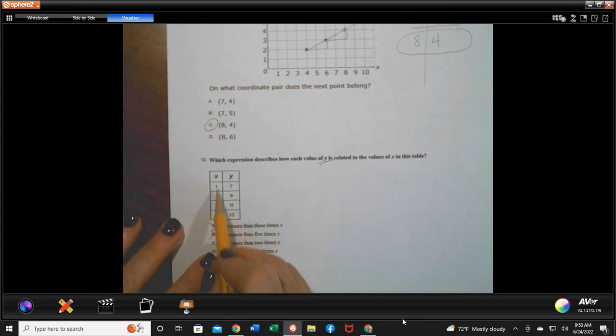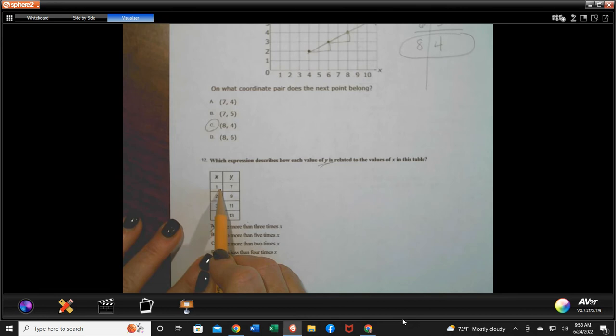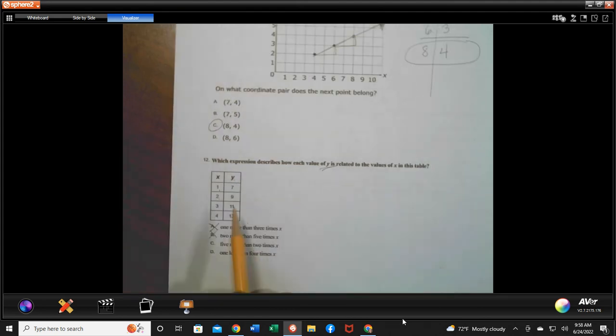All right, C tells me, is y 5 more than 2 times x? Well, 2 times x would be 2, all right, plus 5 more. All right, so that would be 7. So let me try it on the next term. I mean, I could try it on any term, but I'm going to try it on the last term.